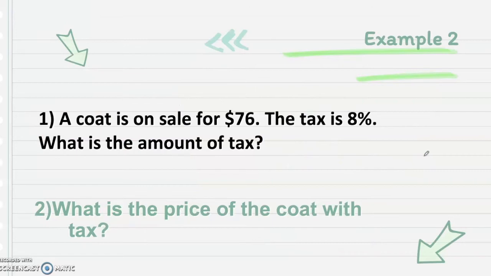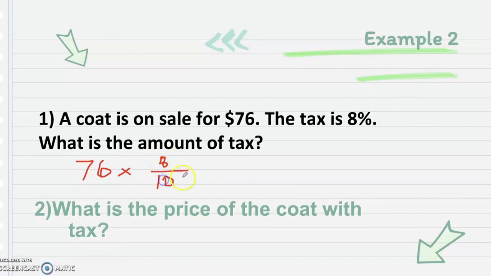Example 2. A coat is on sale for $76. The tax is 8%. What is the amount of the tax? Well, again, we have the original amount of $76, and I'm going to multiply that by 8%. 8 over 100.